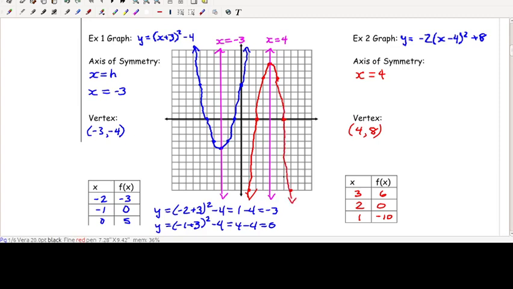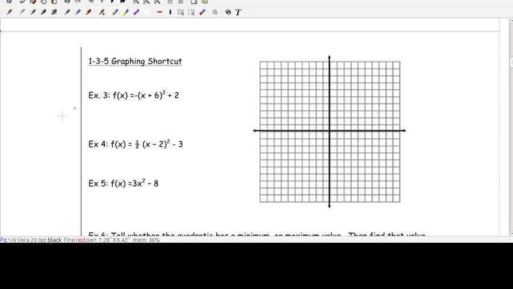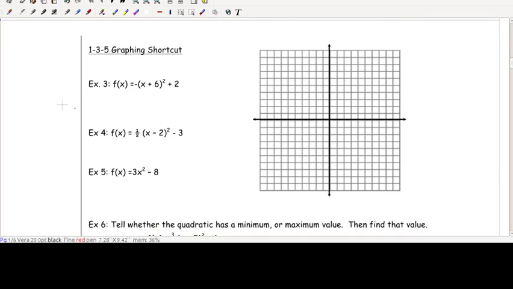More or less, there you have it. Not super neat. That's okay. Alright, so now you've learned the long way to graph parabolas, and we're going to look at a shortcut.